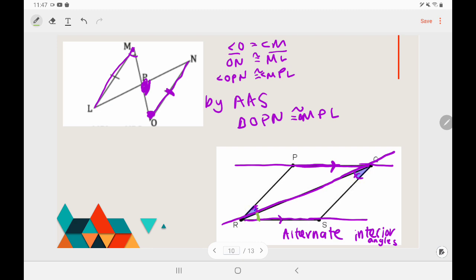Okay, here's one angle. It is on the interior of my parallel lines, and its alternate interior angle that is also the same size is this angle right up here. So I can mark this with two arcs and say that those are also congruent. Lastly, remember when you have sides that share, it's reflexive and they're the same.